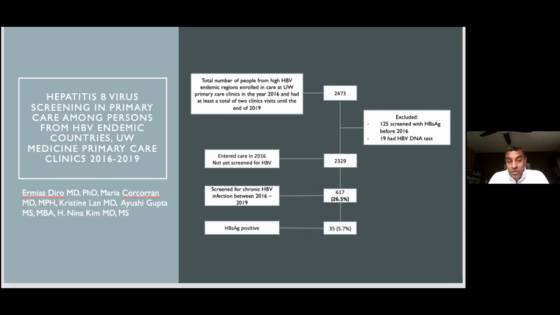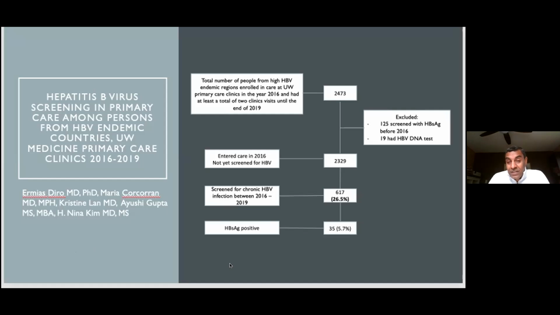Then we looked at completion of any form of hepatitis B virus testing, mainly the surface antigen, but also DNA tests or other screening tests used in the electronic medical record system. After excluding patients who were already enrolled with a test, we got about 2,300 people who were eligible for the screening test. Only about 1/4 of them were screened during this study period.